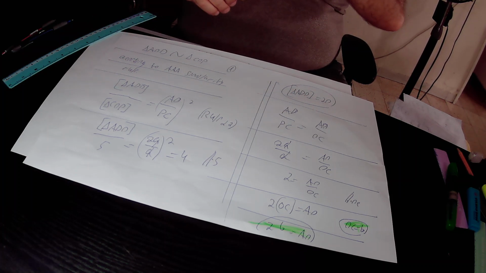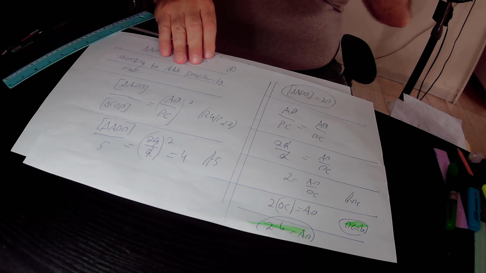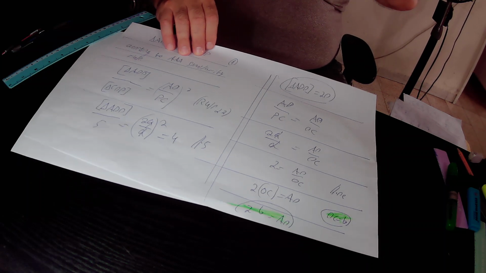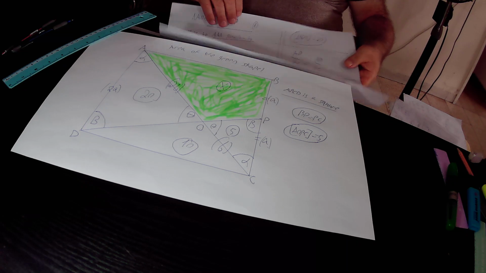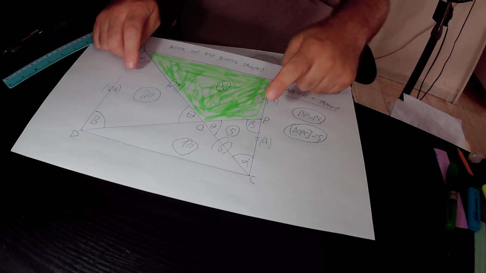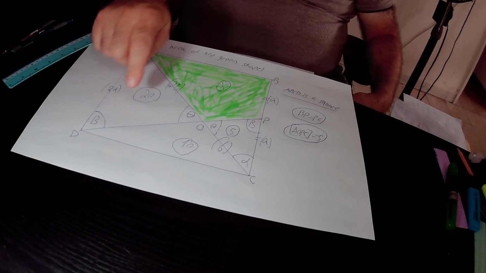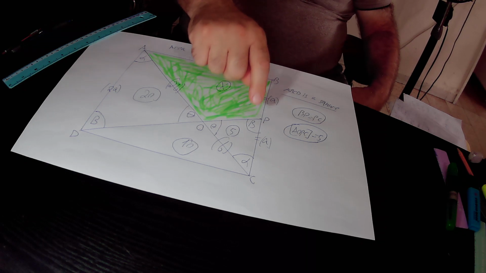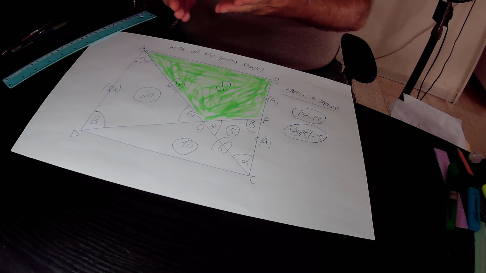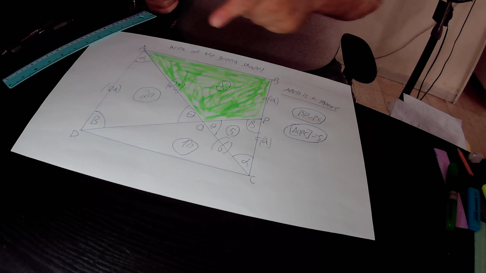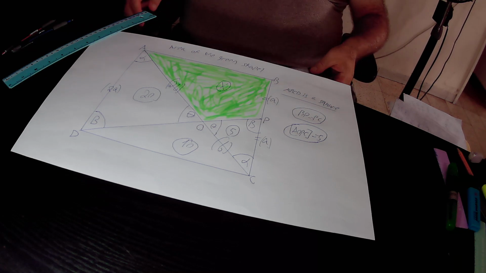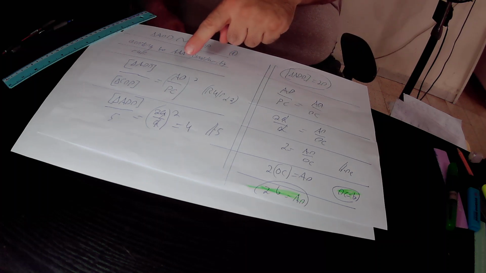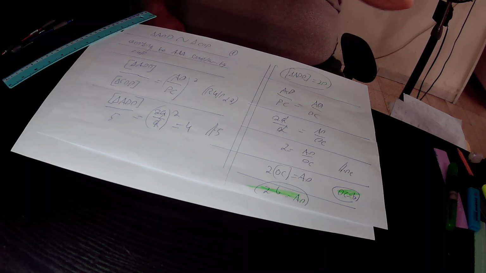That ratio between the areas of those two similar triangles is equal to the square of the ratio between their corresponding sides. In those two similar triangles, side AD is the corresponding side of side PC.